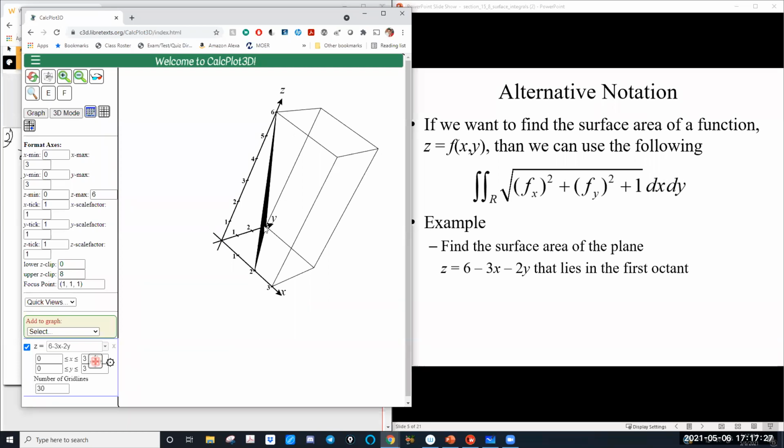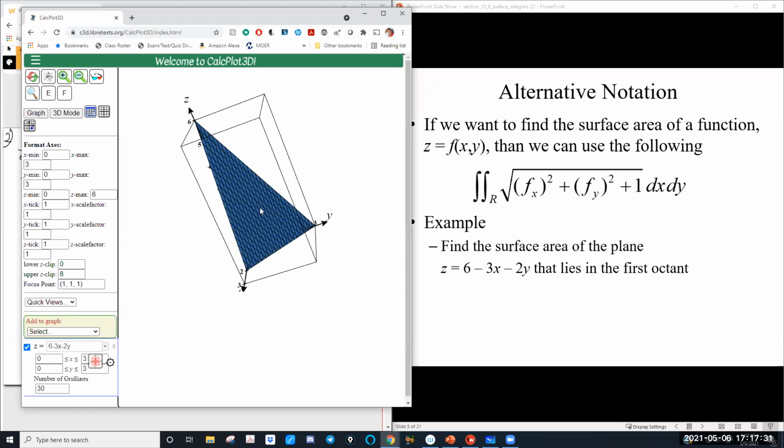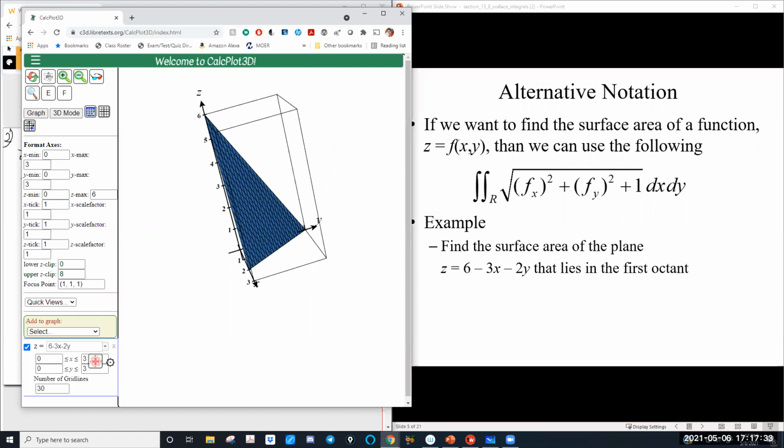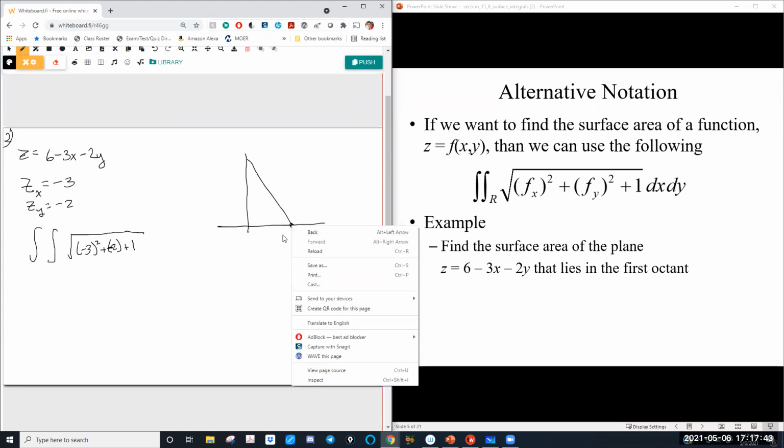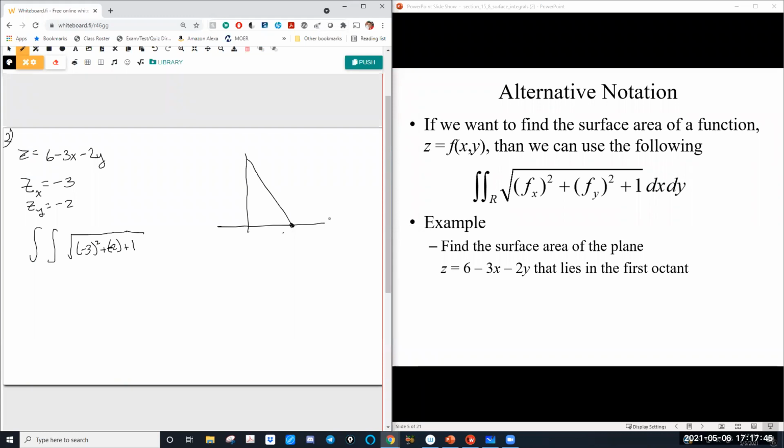We can see it goes through 0, 3 for Y and 2, 0 for X. So that's what we need to set up our limits for. Again, this is something you guys have done before. This part's not new.